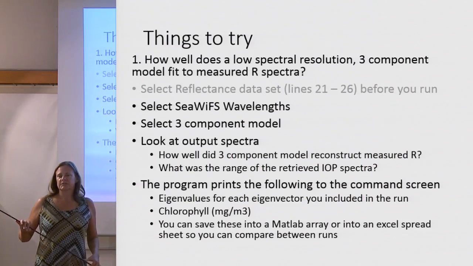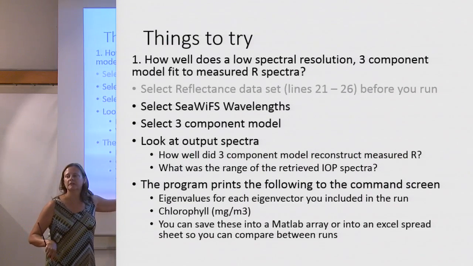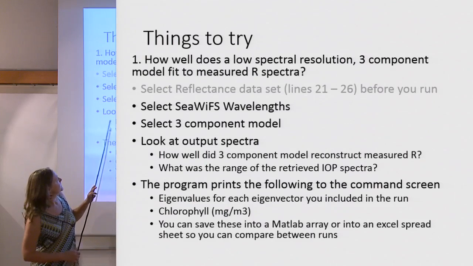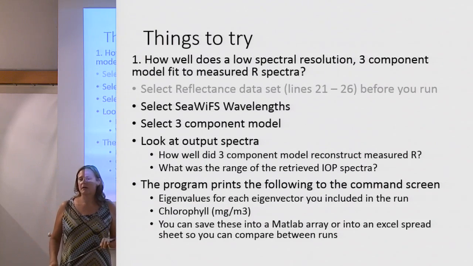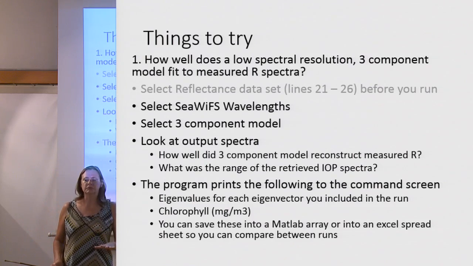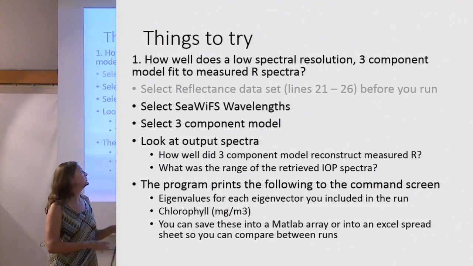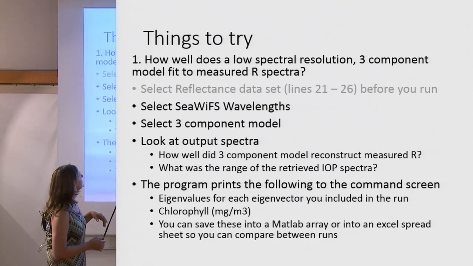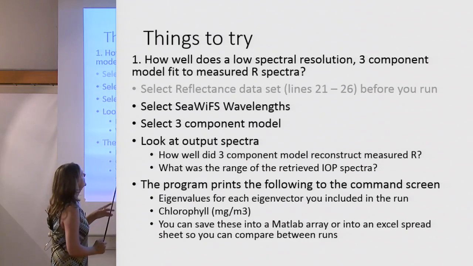So here's some things that I want you to try. And you can open up this file. It's under lecture, it's in that folder, and it will give you the things that I want you to try. So the first question that I have for you is, how well does a sort of low resolution, low spectral resolution, 3-component model fit to measured reflectance spectra? And so you've already selected the data set you want to use.